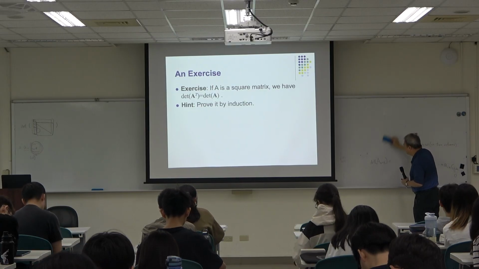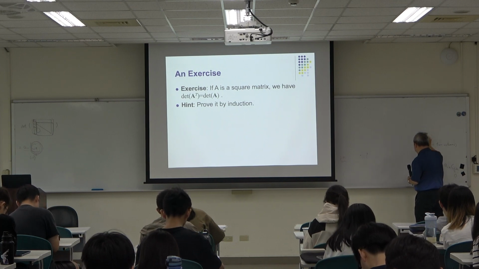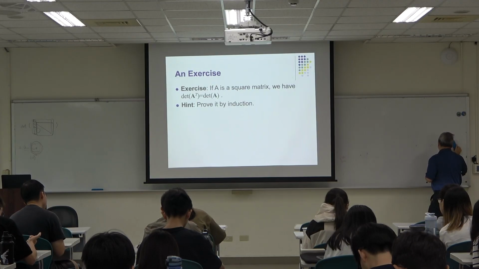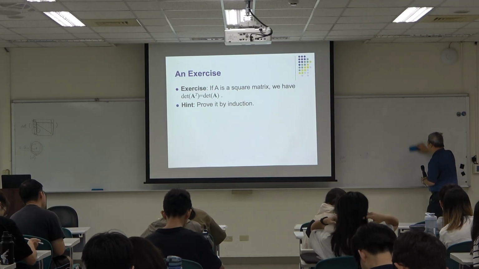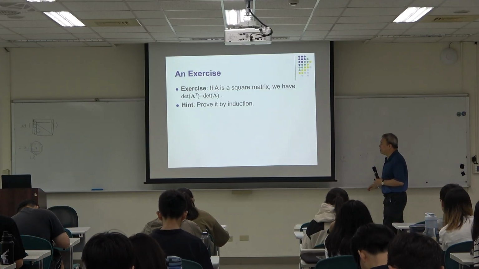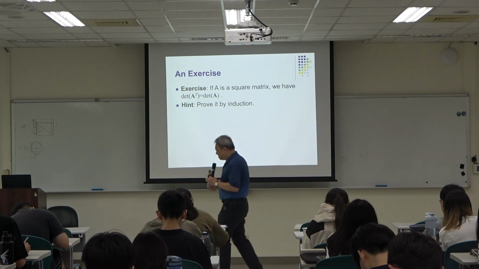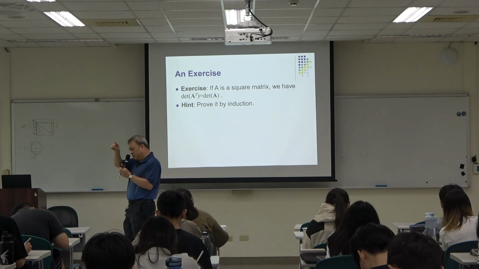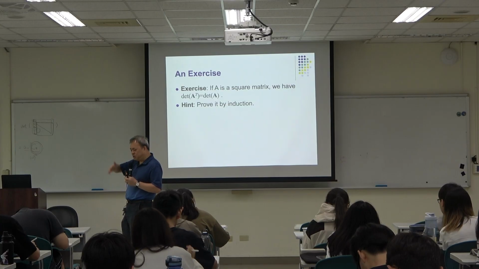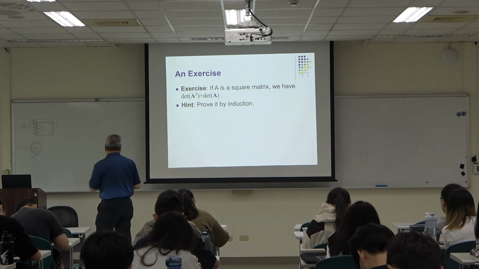If it's 1 by 1, the transpose is equal to itself, so the base case is easy. If the size is lower than K, assume it holds. When the size is K, you follow the definition and expand, maybe through the first row, and then show it's the same thing as doing a transpose.